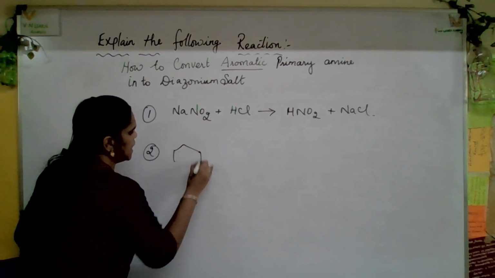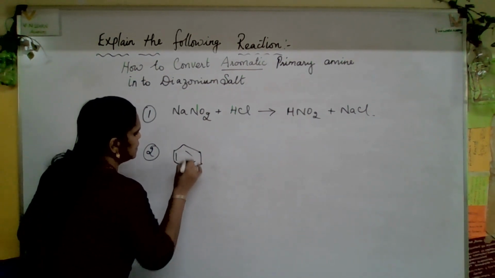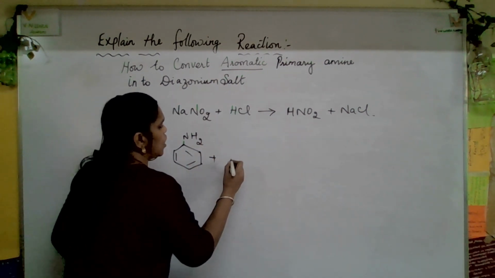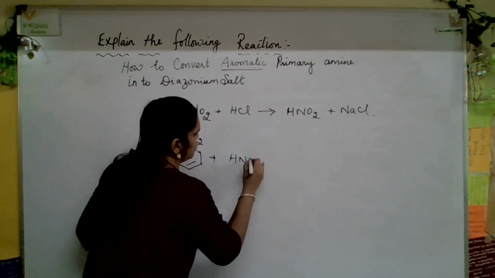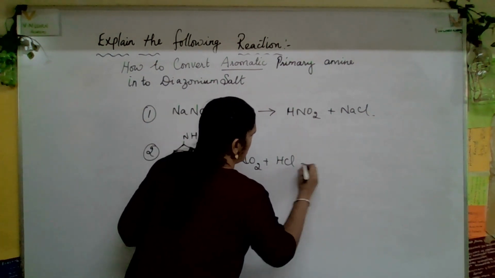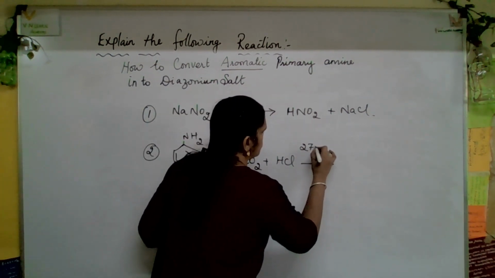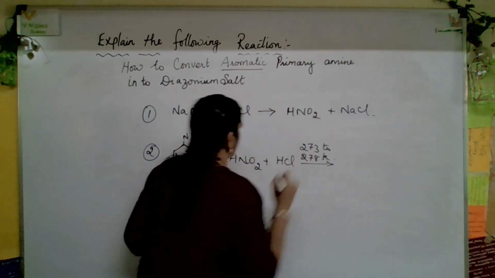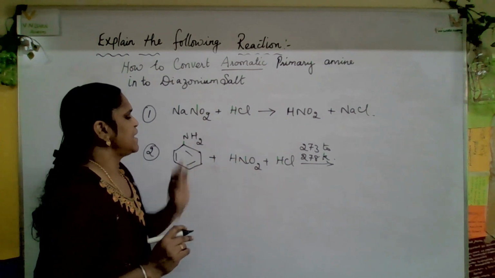So this is aniline, NH2, along with HNO2 with cooling of HCl at 273 to 278 Kelvin. Now here the reaction takes place.